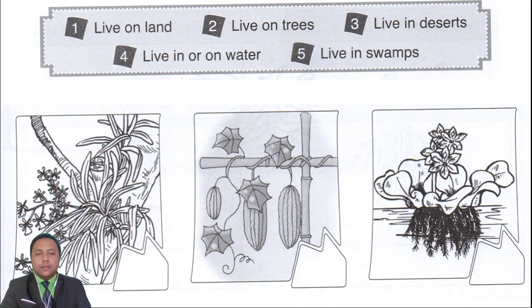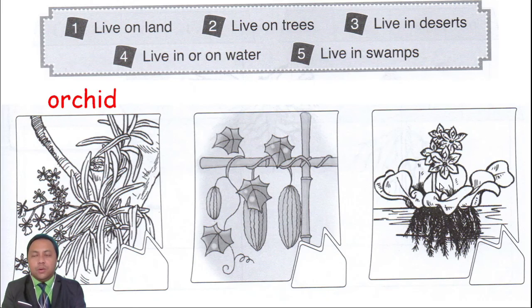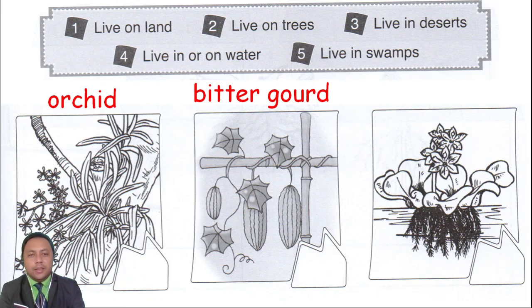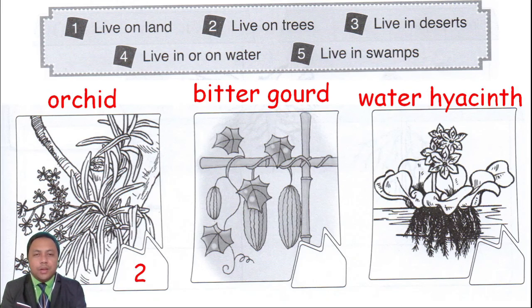Next, we have here orchid, then bitter gourd, and lastly we have water hyacinth. Orchid lives on trees because their roots are anchored on the trees.